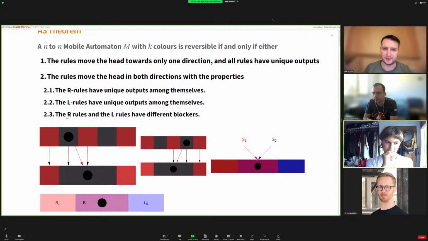It's not clear to me what the motivation for this left and right separation is. It became useful when proving this, because the overlapping blocker region is dependent on having left and right rules.